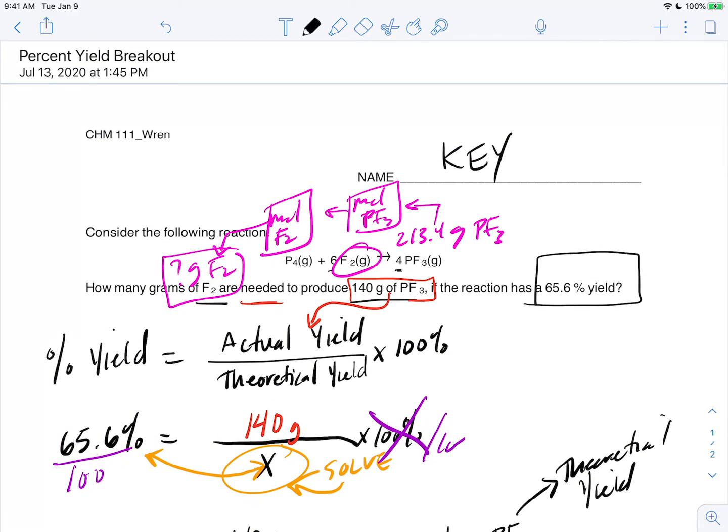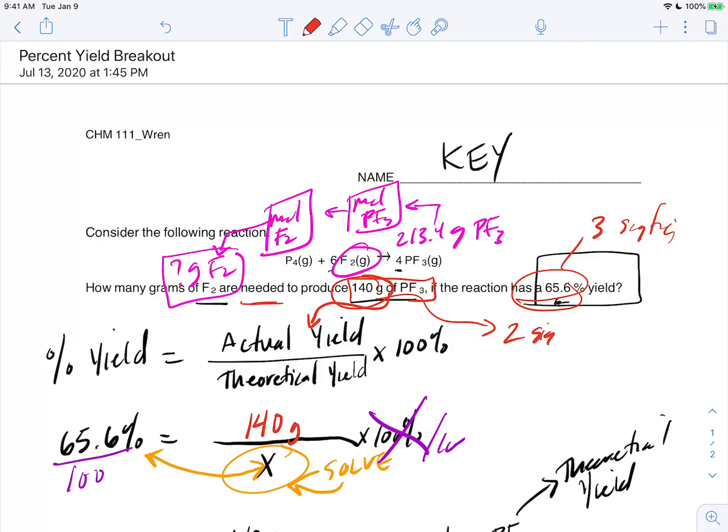Now I go back to my original values. We have percent yield, it's 3 sig figs, and I have 140. Now 140 was only given to me as 2 sig figs because a 0 doesn't count.